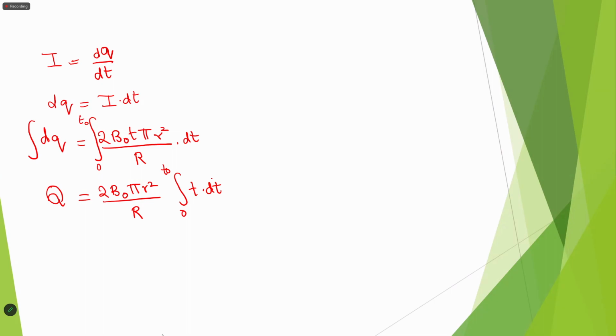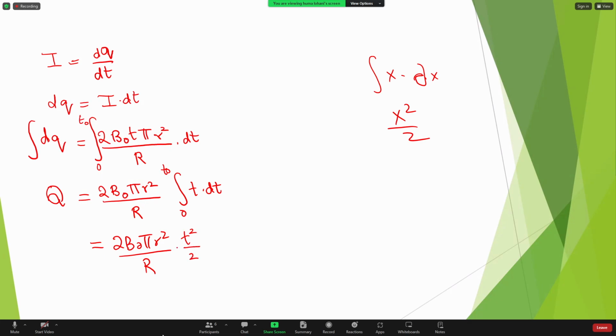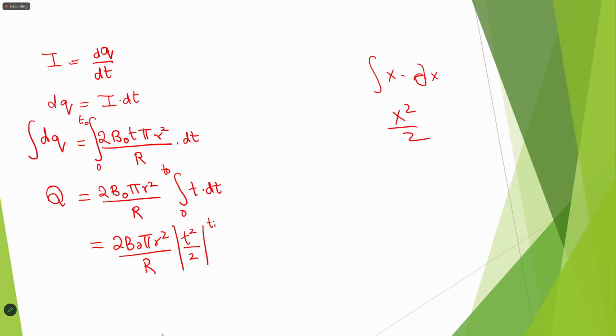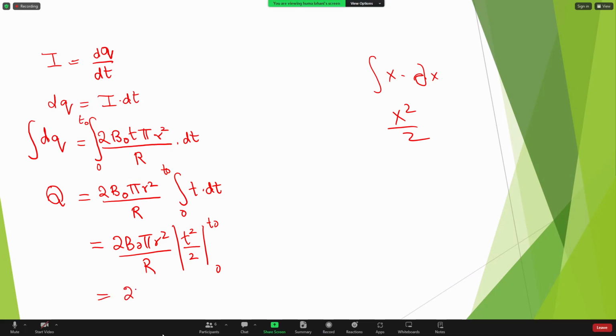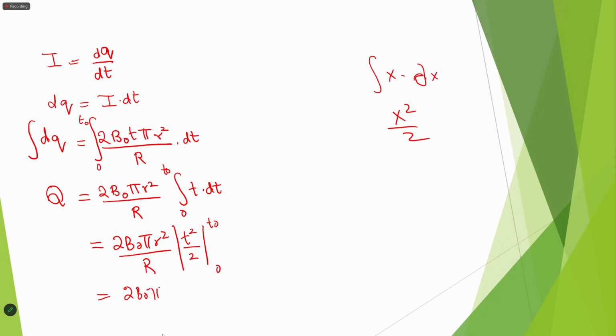Now, when you integrate t dt, like x dx, it becomes x squared by 2, right? Basic integration. So it is going to be 2 b naught pi r square over R, and this will become t square by 2, from 0 to t naught. We don't need to write the 0 part, we know it will go to 0.